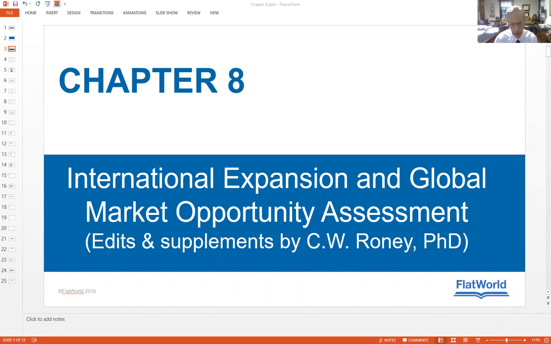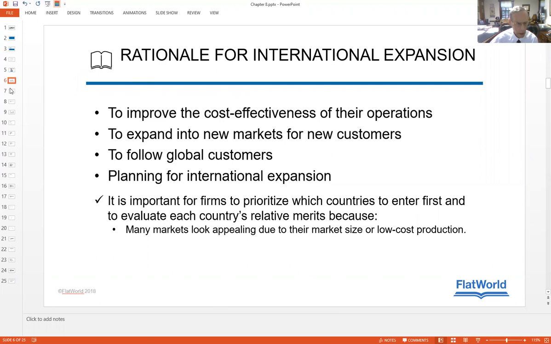And although the title is International Expansion and Global Market Opportunity Assessment, this is really about gathering evidence with which to make decisions about international strategic planning. So let me see if I can get this. I always seem to have trouble getting the slides moving here.